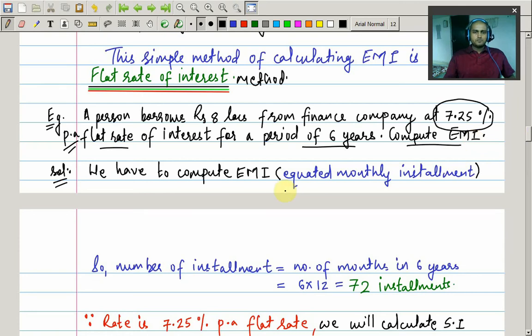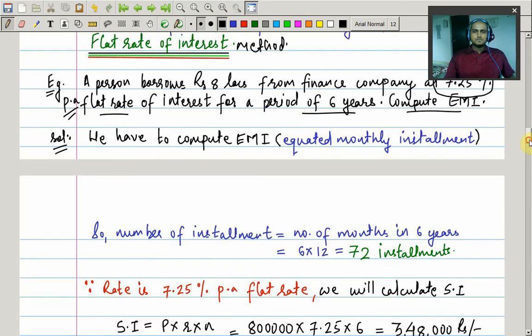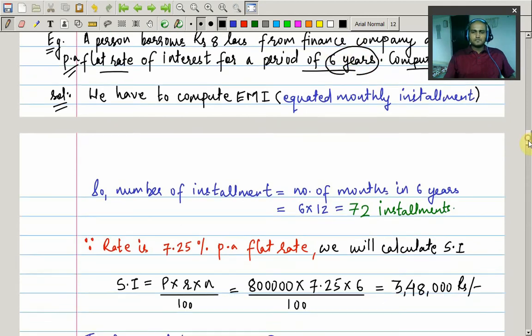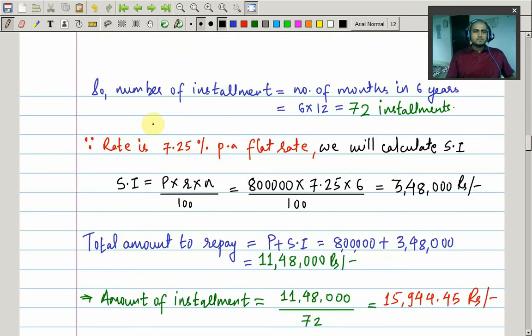So we have to compute EMI. So, number of installments. I have to repay this loan in 6 years, and it's monthly. So the number of installments is 6 into 12, 72 installments.